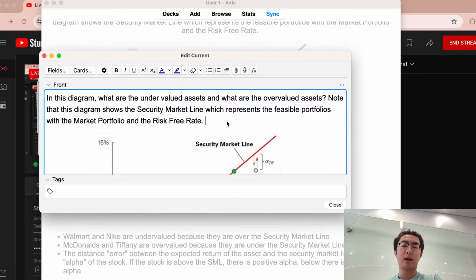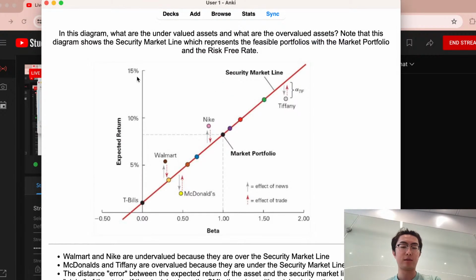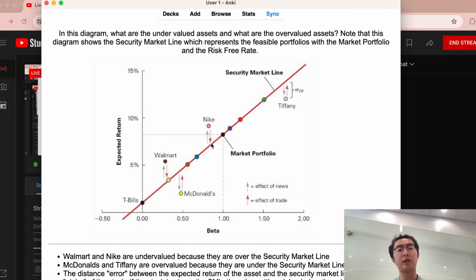I think the idea itself probably extends to different types of models, where this line here could represent different types of allocation lines, or the benchmark portfolio, or some type of benchmark or signal, and then anything that's above that signal you could buy, anything that's below that signal you could sell.